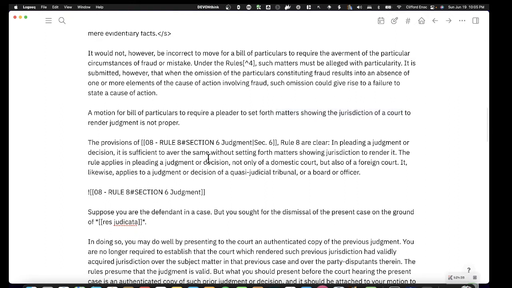So the provisions of Rule 8, Section 6 are clear. In pleading a judgment, it is sufficient to aver that the judgment was rendered by a court having jurisdiction to render it. The rule applies in pleading a judgment or decision not only of a domestic court but also of a foreign court, or a judgment or decision of a board or officer.